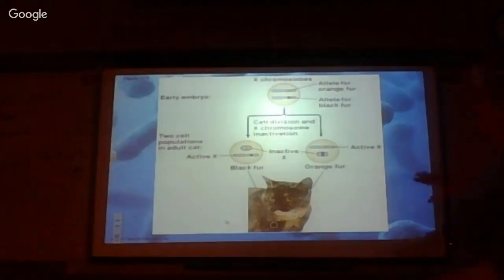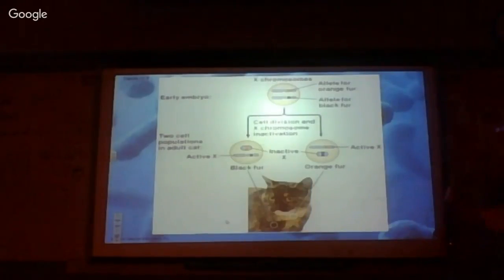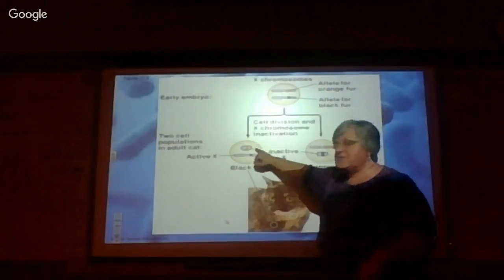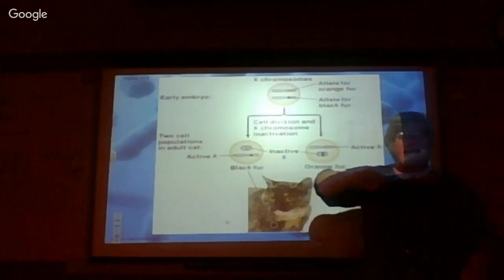So calico cats are always female, and the reason for that is that the black fur, orange fur is located on the X chromosome. So when you have your two X chromosomes here, this one has the allele for black, this one has the allele for orange. That one becomes inactivated.